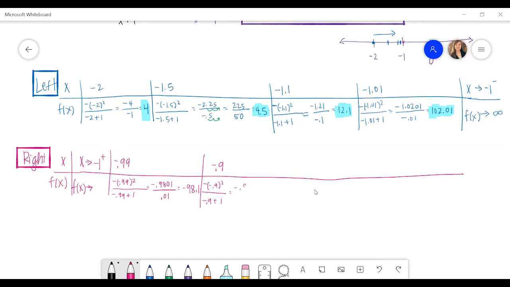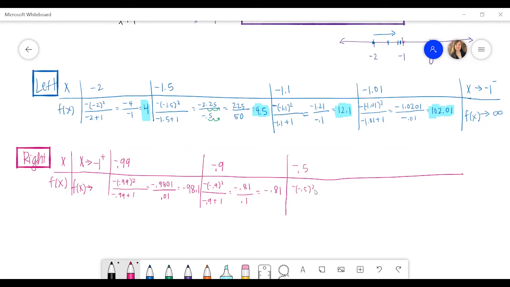We get negative 0.81 divided by 0.1, negative 8.1. How about negative 0.5?